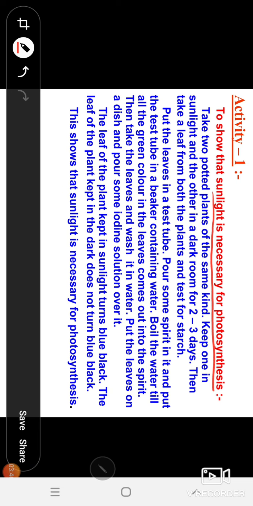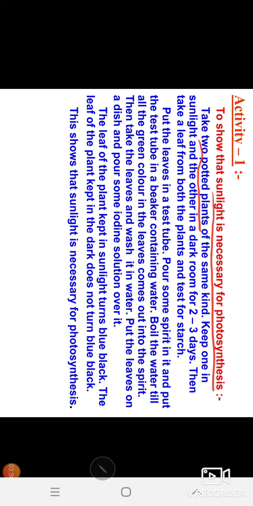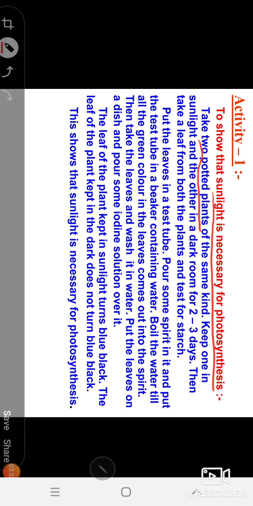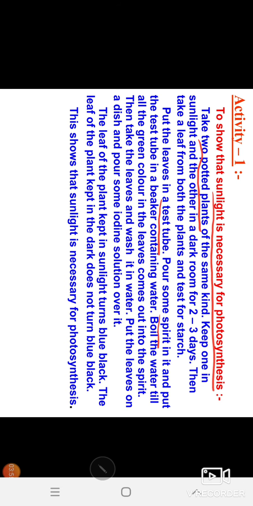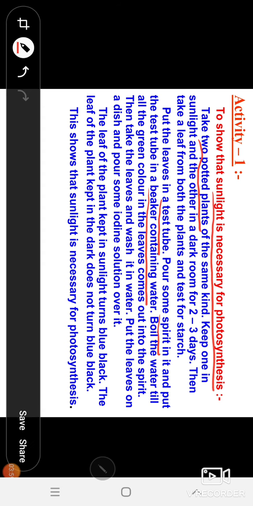The materials required are two potted plants, one test tube, spirit, and a beaker containing water. These are the equipment which are essential to carry out the activity sunlight is necessary for photosynthesis. So keep in mind: two potted plants, test tube, beaker containing water, and spirit are essential.